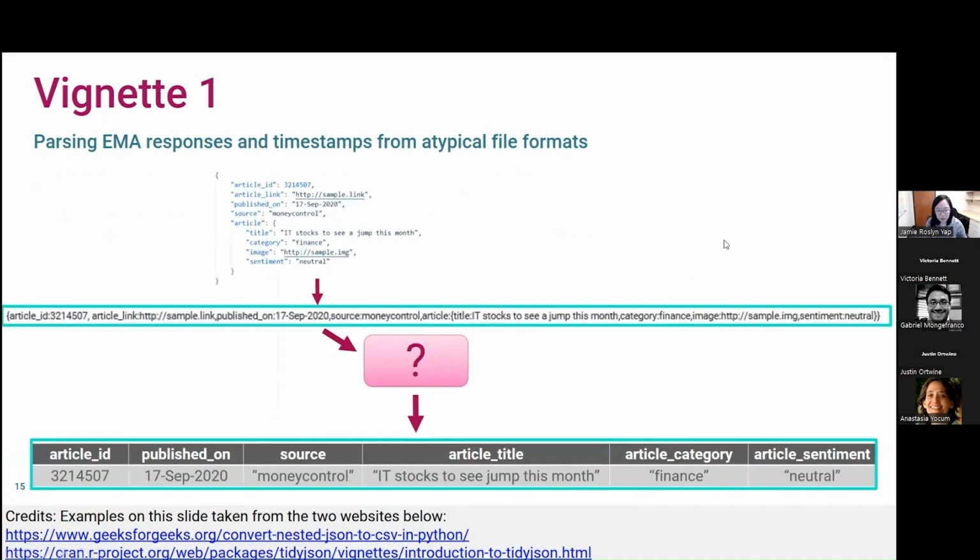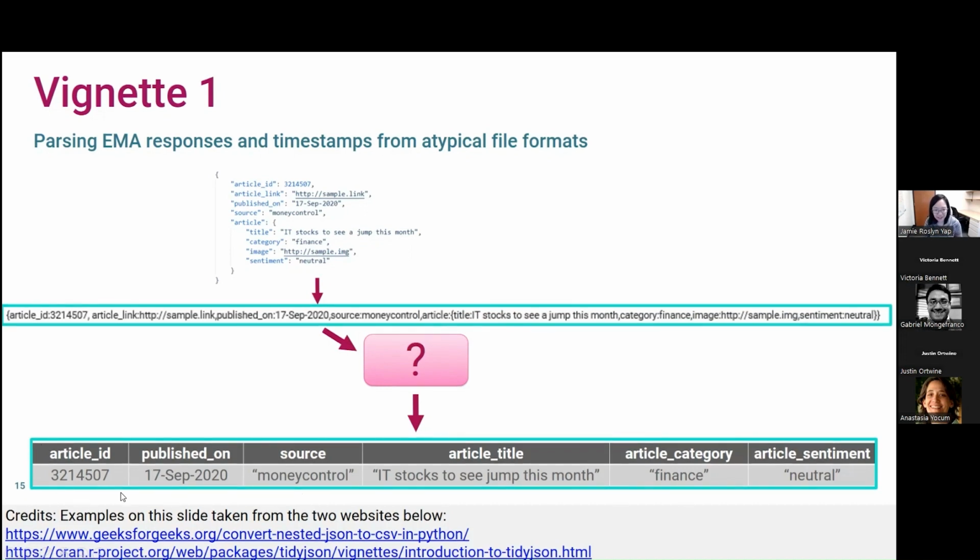So now, a question. How do we go from this particular box here in the middle? What intermediate steps? That's where the question mark is. What are the intermediate steps that we can take to go from this box here all the way to this really nice and clean format that we see down here, right?